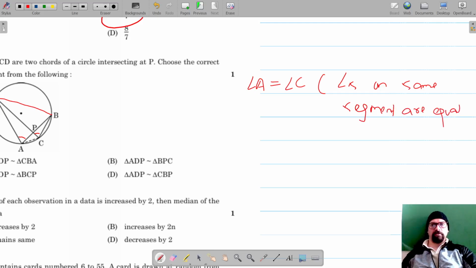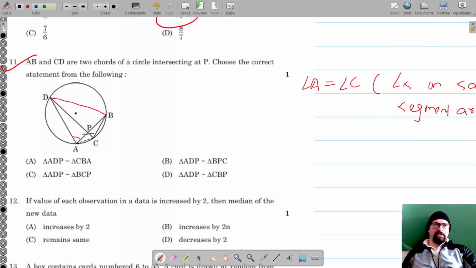And also angle P is equal to angle P, these are the vertically opposite angles.